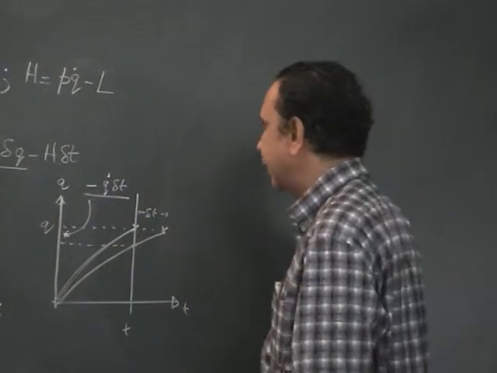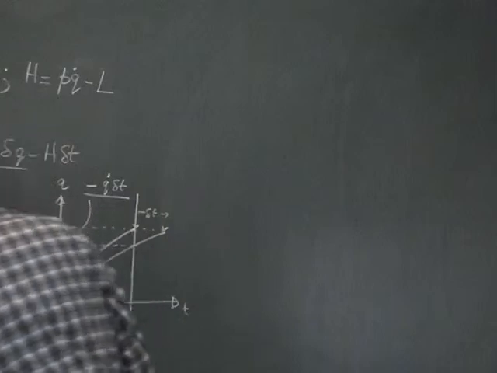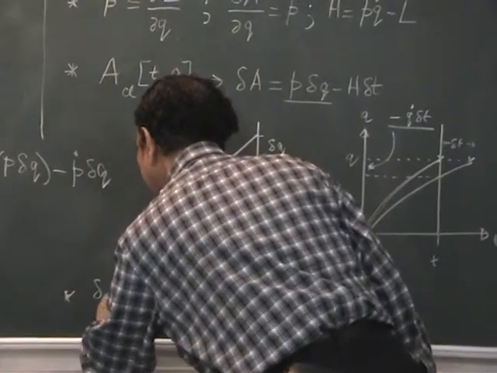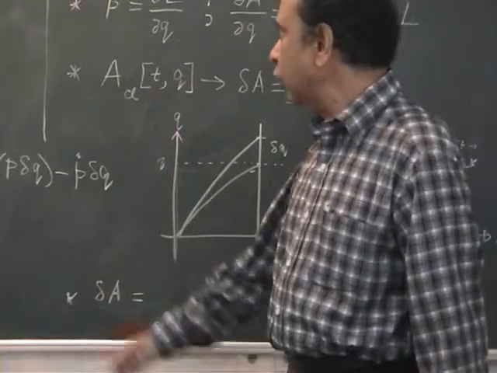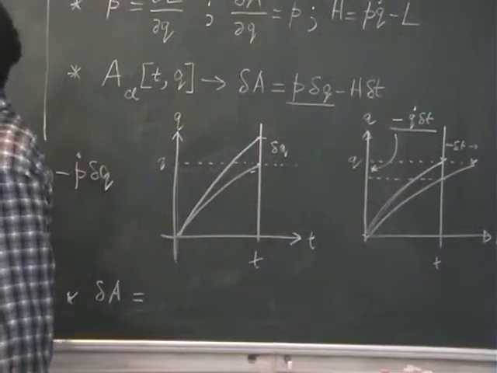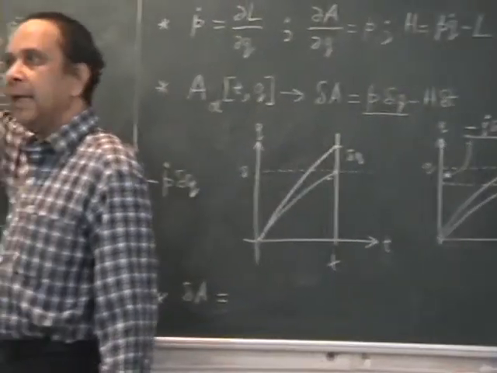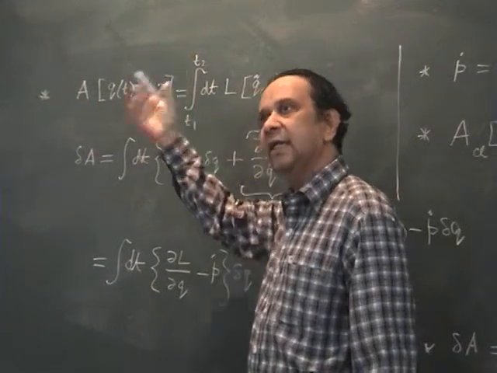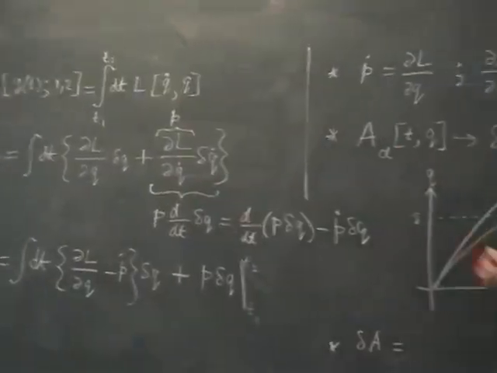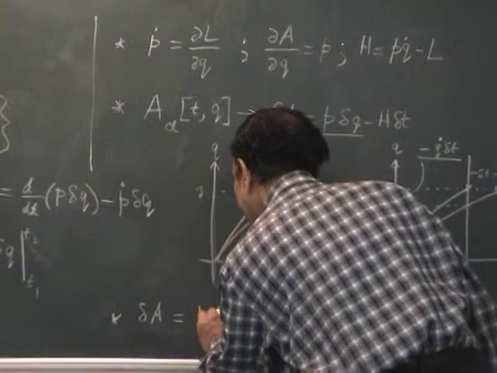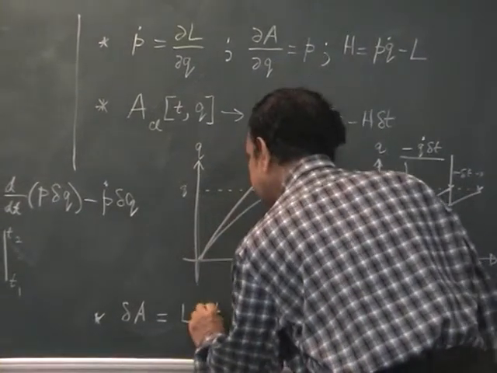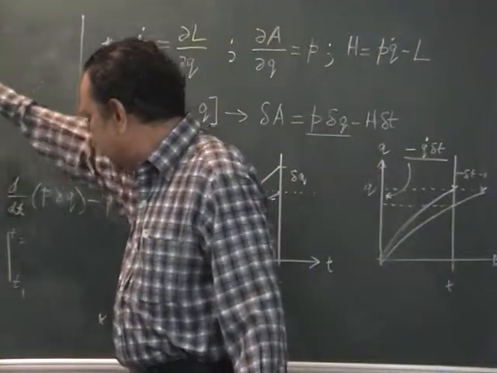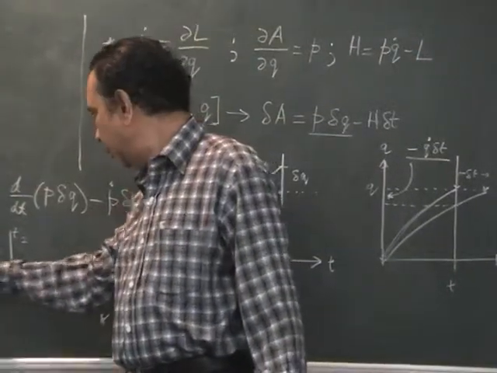Therefore, now if you write down the variation for this case, the delta A is going to have two contributions. The first contribution is that you have an integration from 0 to t and you change the end point. So that is 0 to t plus delta t minus 0 to t, that is just delta t times L. So that is the easy part. So you get an L delta t, which is what you would have naively guessed. Then because the extremum path has changed, you go through this entire analysis and you get a p delta q.